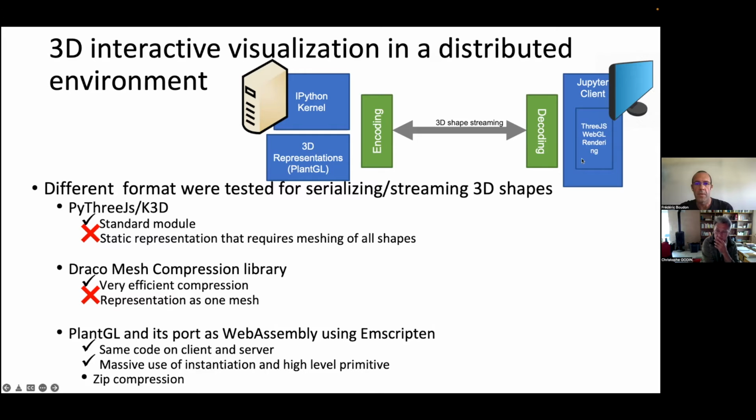So for this, we ported the PlantGL API, with the original C++ code transpiled using a WebAssembly transpiler, Emscripten. Actually, this last approach was found the most efficient in terms of time to stream the representations and also in development, as this transpilation was quite simple to do.